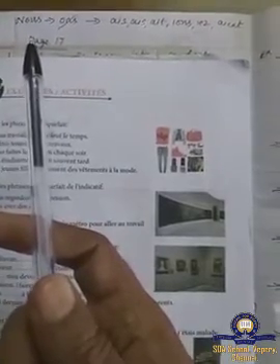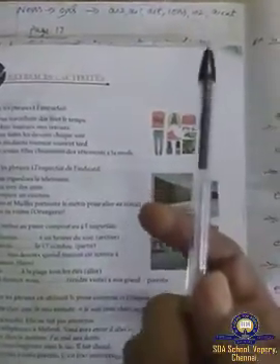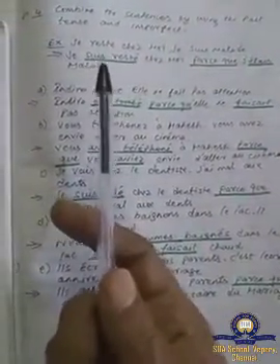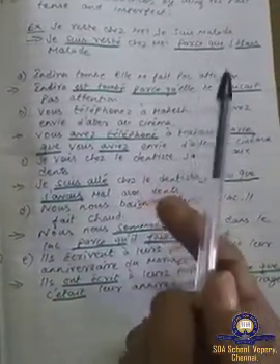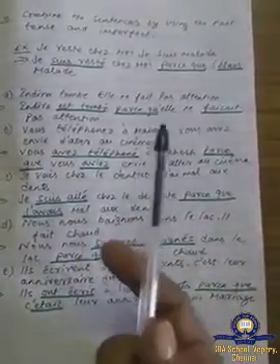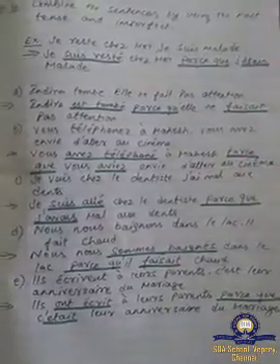For any verb, take the nous present tense form of that verb, cut the ons, and replace the endings according to the subject. Now, two sentences are there. You make the first verb into past tense, put the second verb in imperfect, and use the word parce que for joining the two sentences. The conjunction is parce que for joining the two sentences.